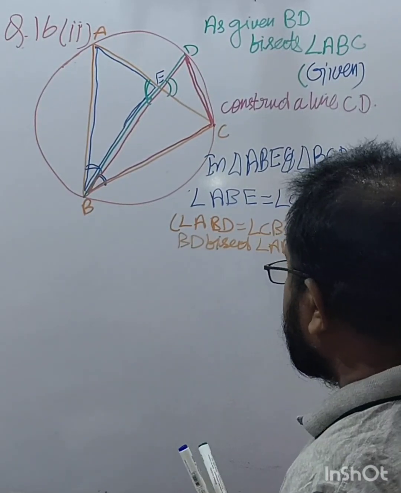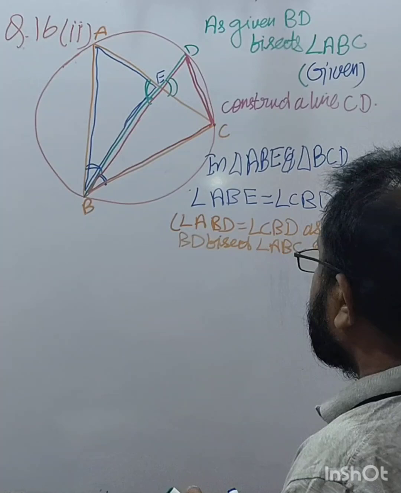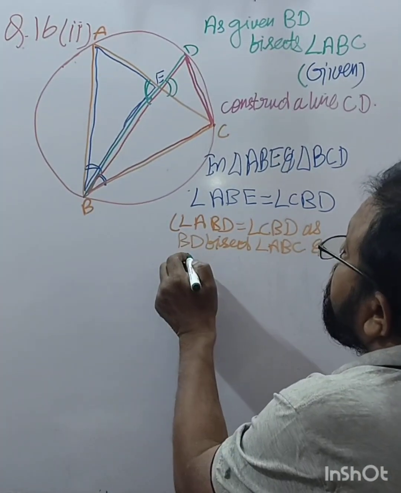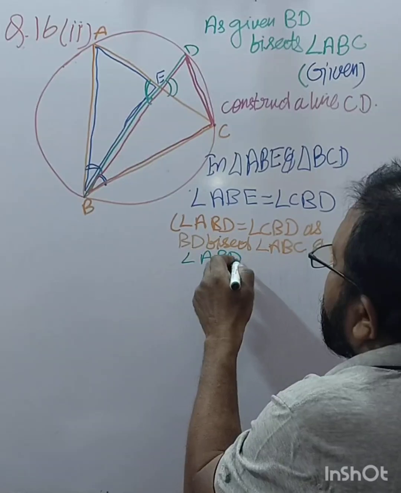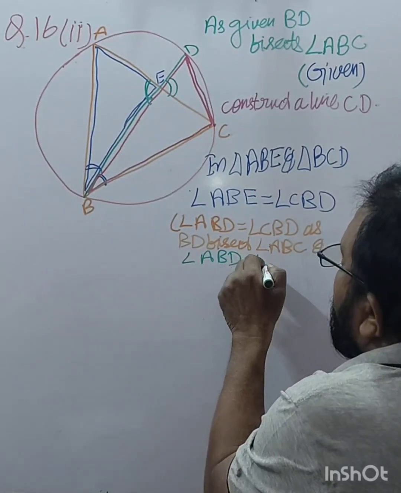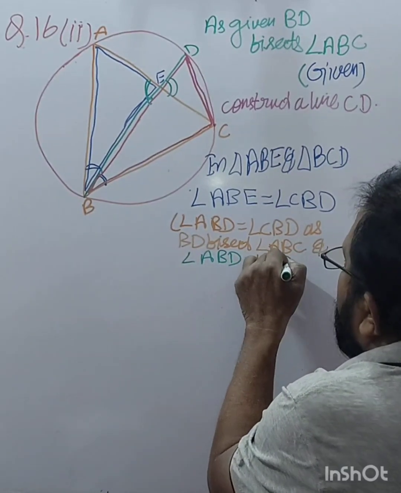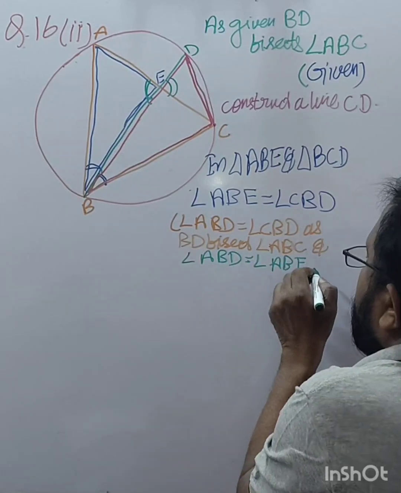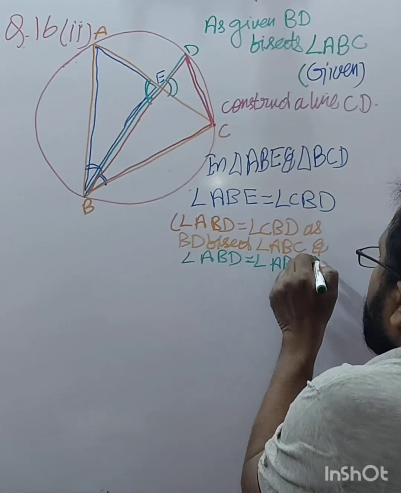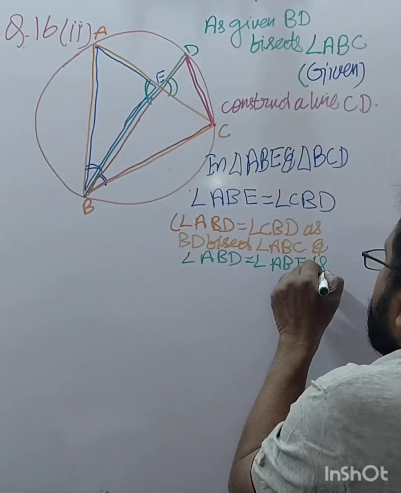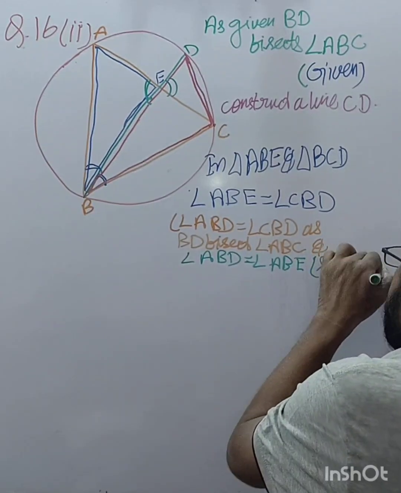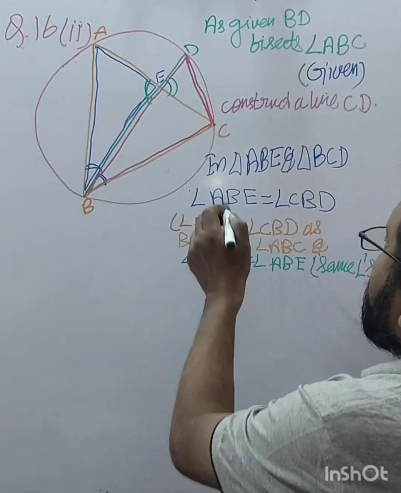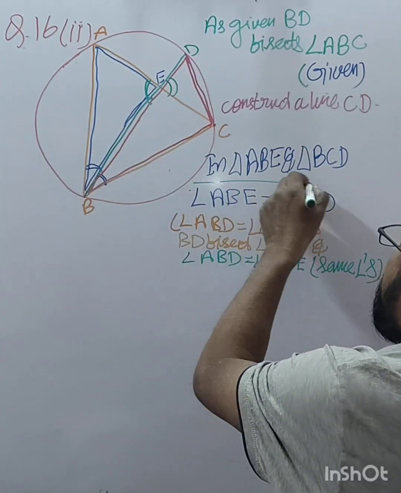And angle ABD is equal to angle ABE, same angles, right? So that's why they are equal.